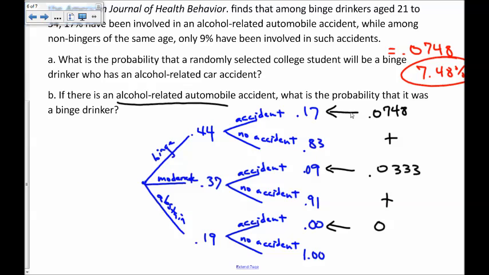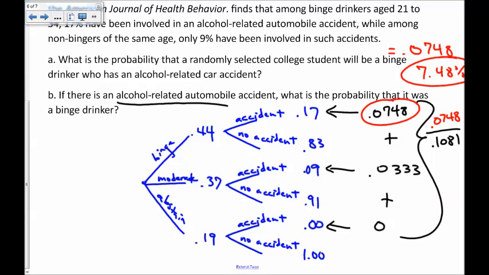0.0748 plus 0.0333, and I get 0.1081. And I'm looking out of those accidents, the probability that they were a binge drinker is this number, 0.0748 divided by the 0.1081 that I just found, and I find that 69.2.